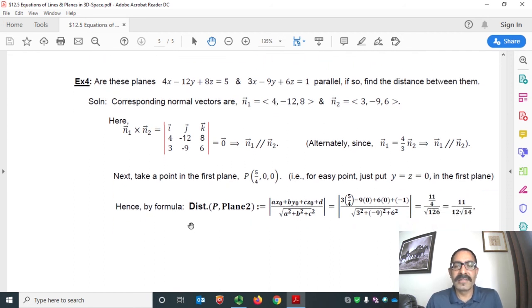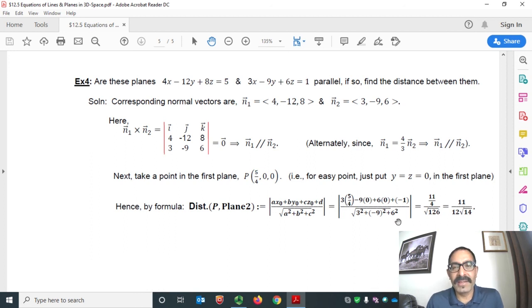Hence, by formula, the distance from point P to the other plane is the absolute value of ax0 plus by0 plus cz0 plus d, over the square root of a squared plus b squared plus c squared. Using the second plane, a is 3 and x0 is 5/4, b is -9 and y0 is 0, c is 6 and z0 is 0, and for d, you need to bring this 1 to the left side, so d is -1, over the square root of 3 squared plus (-9) squared plus 6 squared.